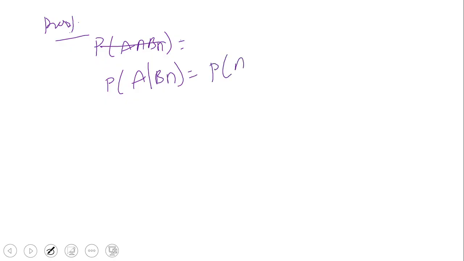First, remember the joint probability. We write P of A intersection Bn. Otherwise, if you remember the conditional probability, P of A given Bn is equal to P of A intersection Bn divided by P of Bn.